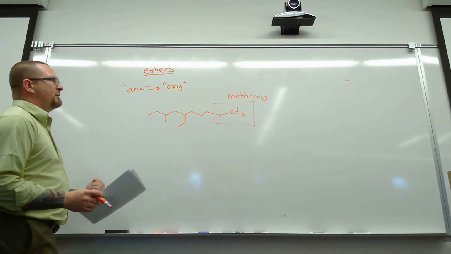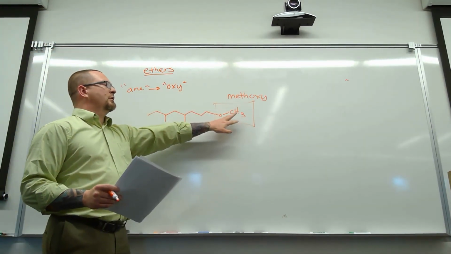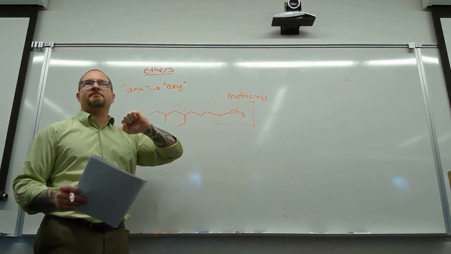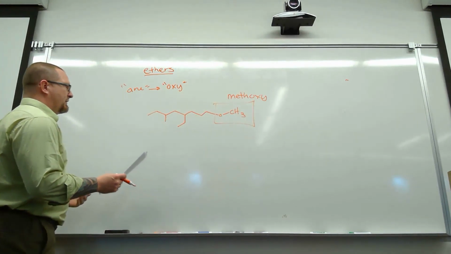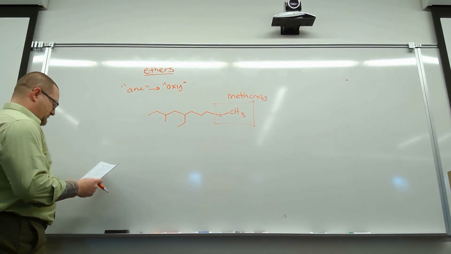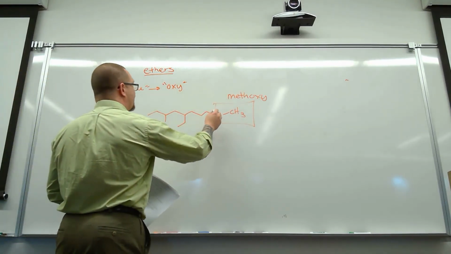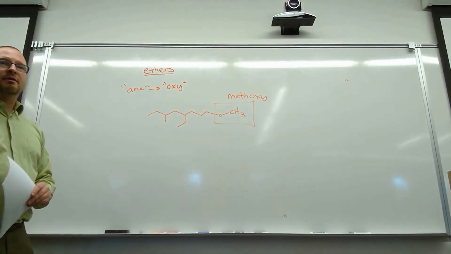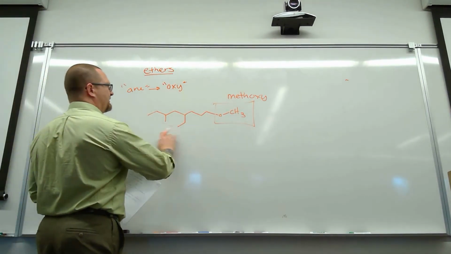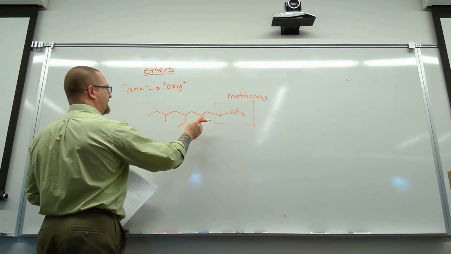A lot of the time you see these shorter modifications. You see methoxys and ethoxys pretty commonly. So if you see something like this, you're just going to treat it like any other substituent and name it as a methoxy group. This is another off-the-cuff thing.